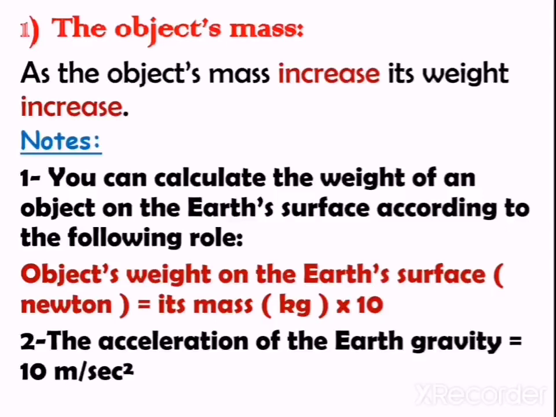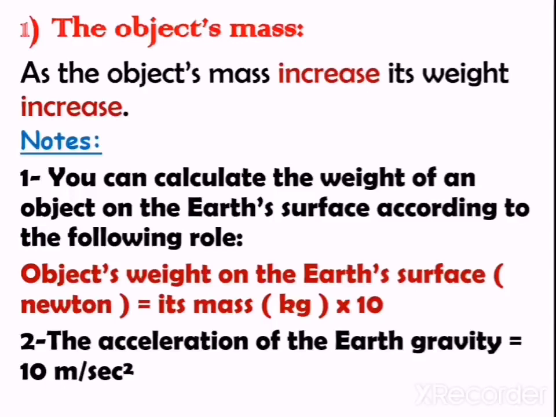When the object's mass increases, its weight will increase. So you can calculate the weight of an object on the Earth's surface according to the following rule.